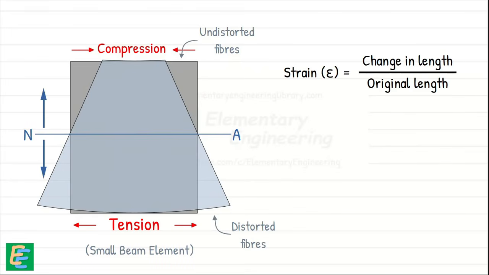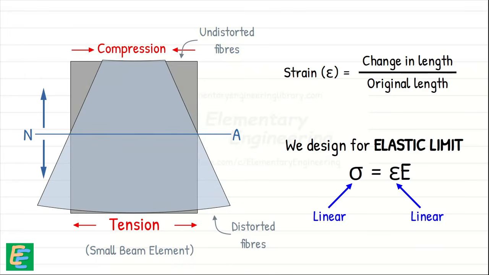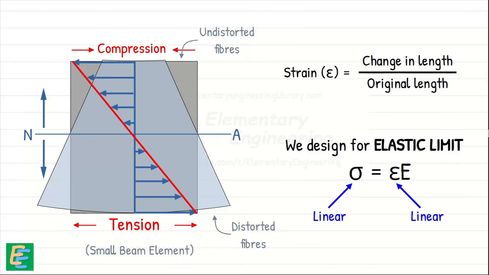The strain, change in length by original length, naturally varies linearly with the distance from the neutral axis. Now, because we design our structures to remain within the elastic limit, the stress increases linearly. Therefore, the bending stress also varies linearly from zero at the neutral axis to the maximum at the extreme fibers.